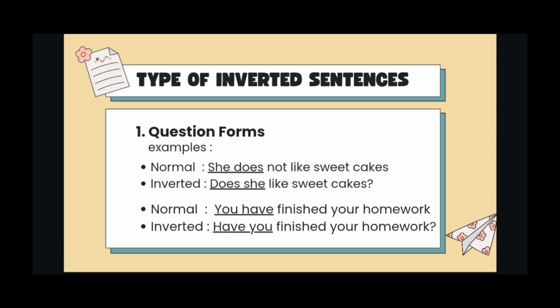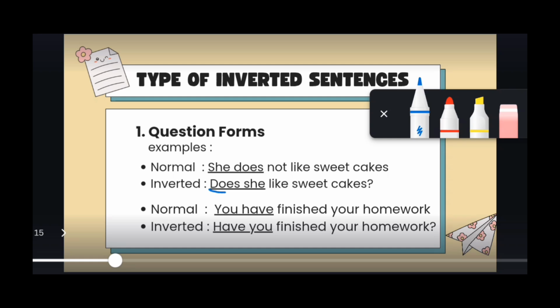And the second example, normal sentence: you have finished your homework. But in inverted sentences it becomes: have you finished your homework? We only move the auxiliary verb before the subject.